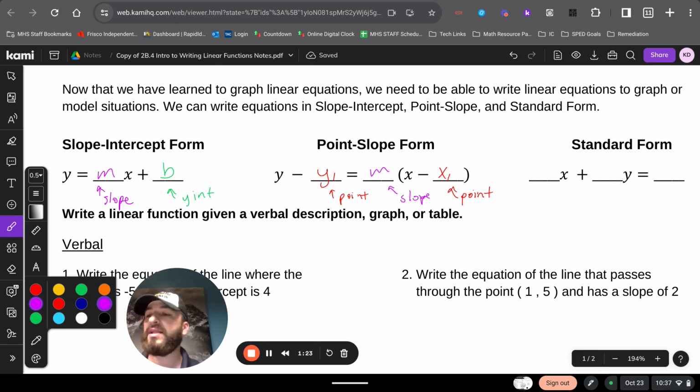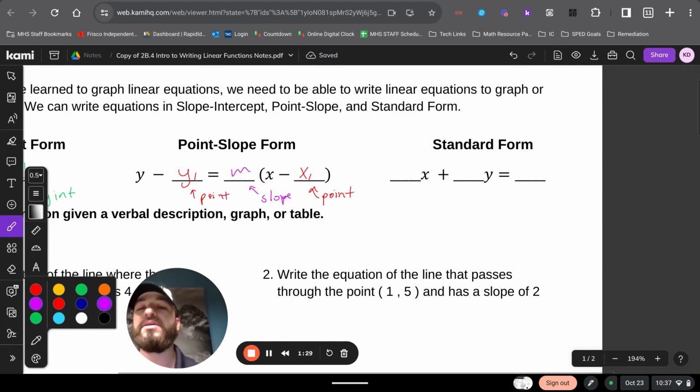And then last but not least, and we're not going to focus on this one as much with today's notes, but it is another equation that we can, of course, use to write our linear equations. And it really comes in handy when we don't have a situation that's represented by slope, but it is our standard form equation.